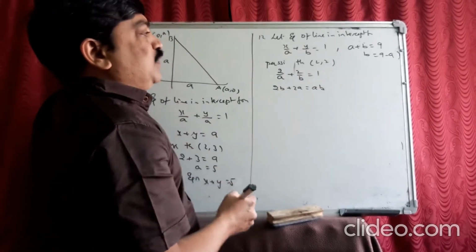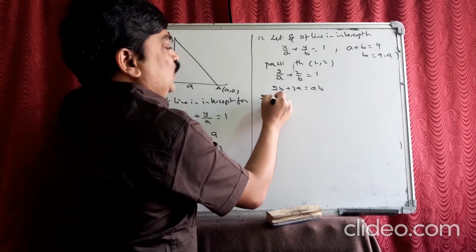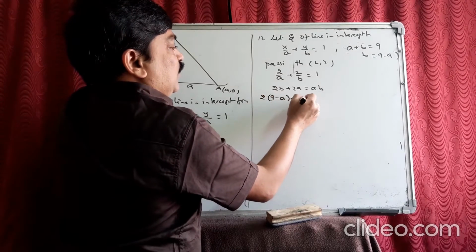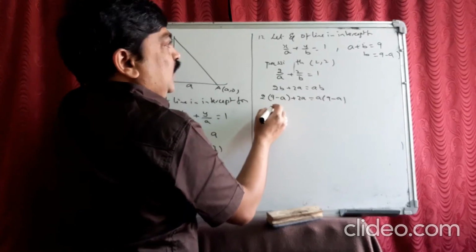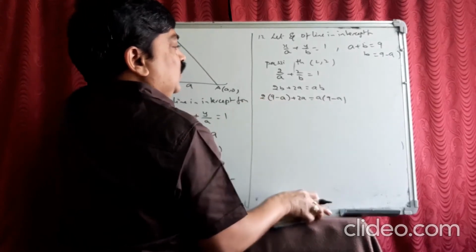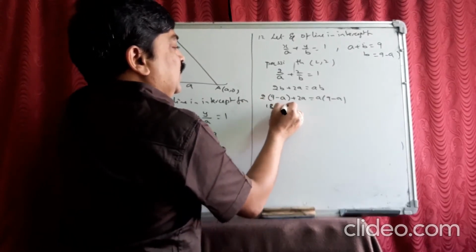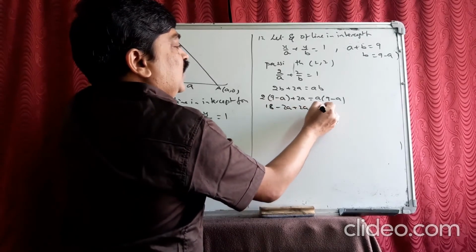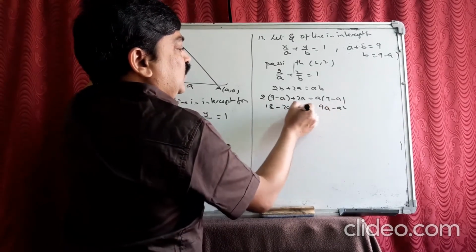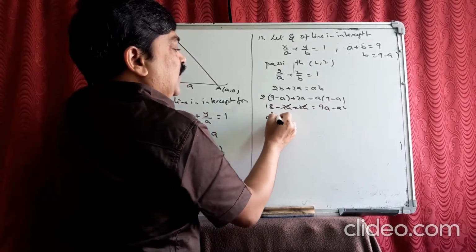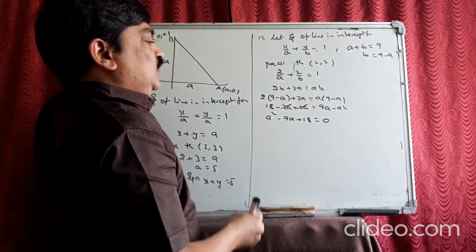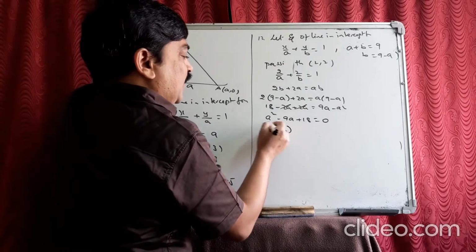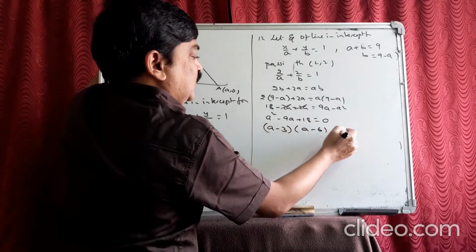So let us replace b with 9 minus a. 2 into (9 minus a) plus 2a equal to a into (9 minus a). It becomes 18 minus 2a plus 2a equals 9a minus a square. You can cancel this. It becomes a square minus 9a plus 18 equals 0. So the factors will be (a minus 3) into (a minus 6) equal to 0.